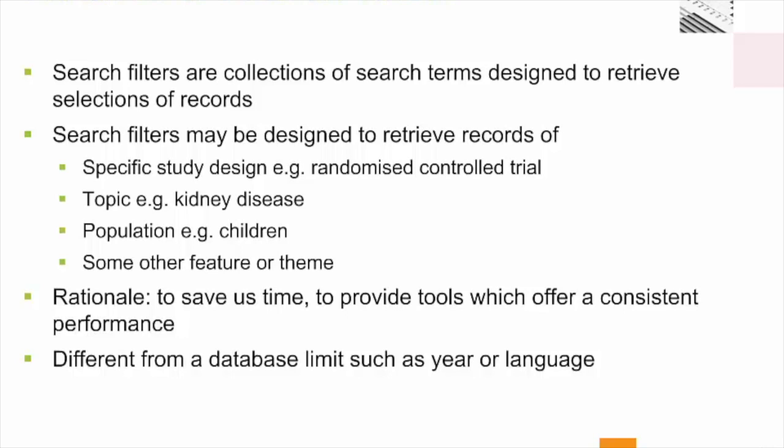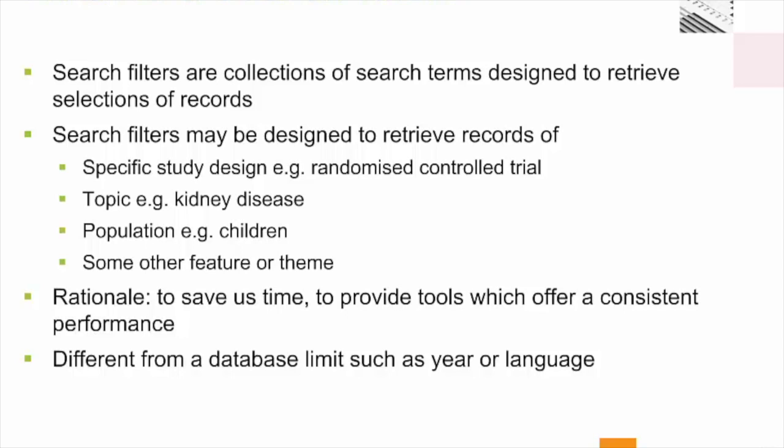The rationale behind this interest in sets of search terms that will retrieve particular types of record is to save us time. Somebody spends many days, many weeks perhaps, working to provide us with a tool which they hope will offer a consistent performance over time and save us the time of having to develop search filters ourselves.